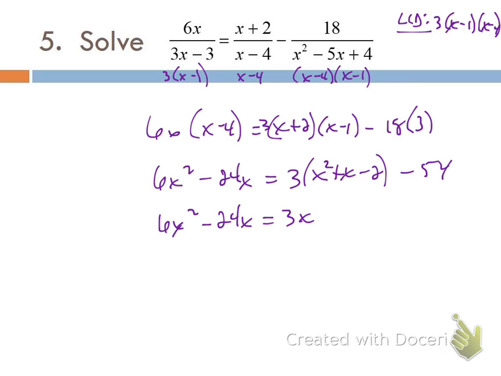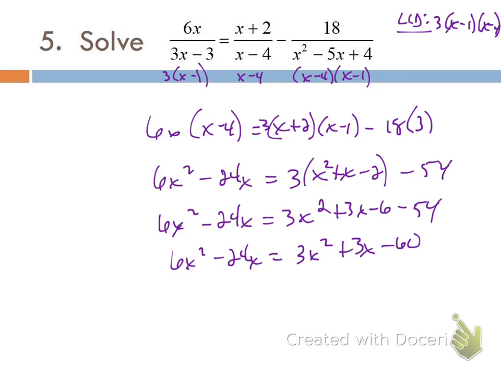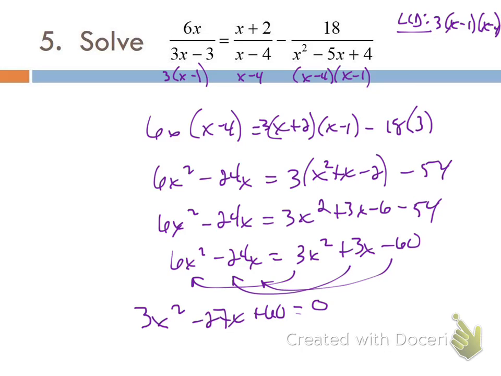Distribute the 3, combine like terms. Now subtract the 3x squared over, subtract the 3x over, and add the 60 over. We'll get 3x squared minus 27x plus 60.